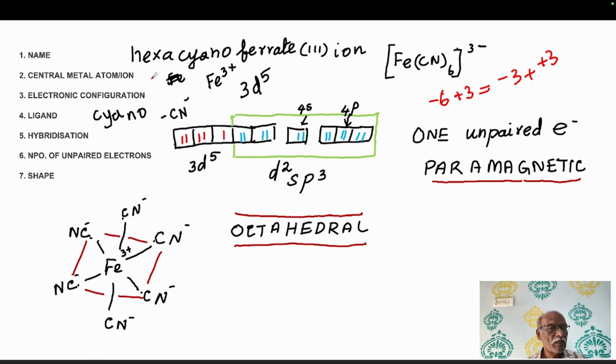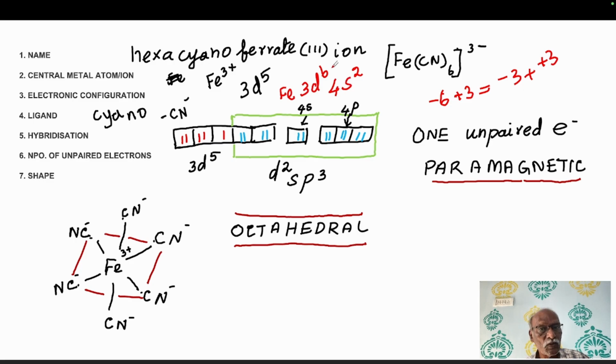So the central metal ion is Fe3 plus, whose electronic configuration is d5. How do we know that it is 3d5? Actually, the Fe electronic configuration is 3d6 4s2. The Fe metal atom has 3d6 4s2 electronic configuration.